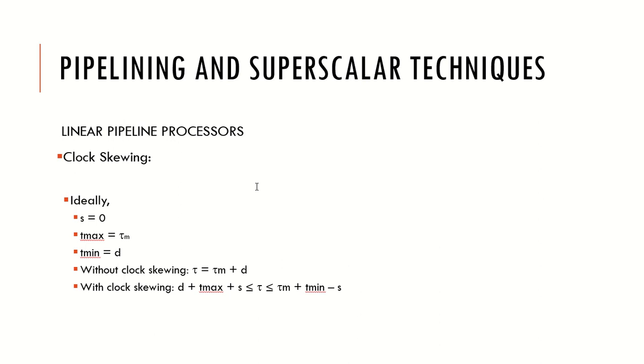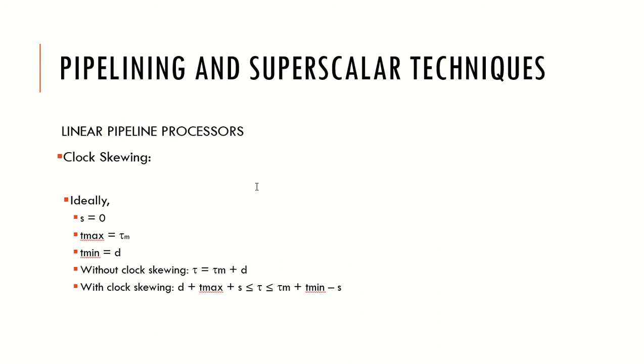Similarly, T minimum, the shortest logic delay that can occur from a stage, is the width of the clock cycle, that is equal to D. So T max is equal to tau max, where tau max is the maximum stage delay of the pipeline. Similarly, T minimum is equal to D, where D is the width of the clock cycle.